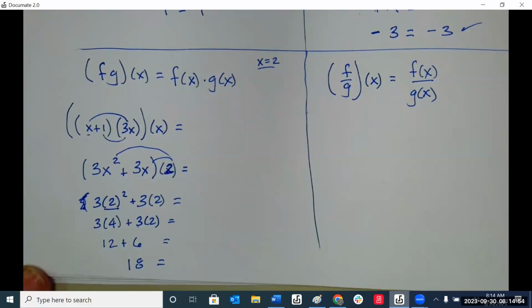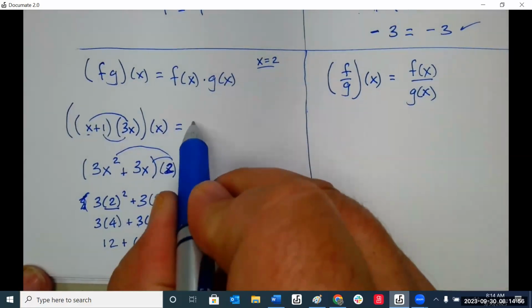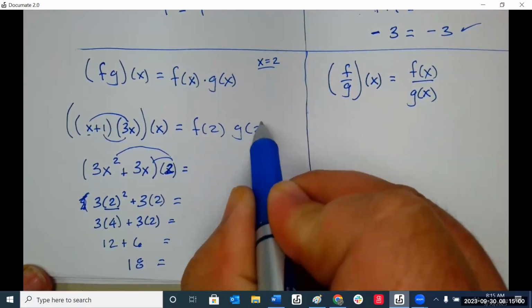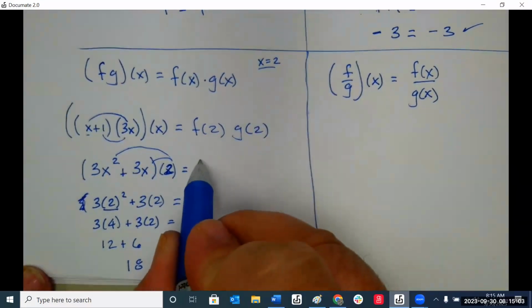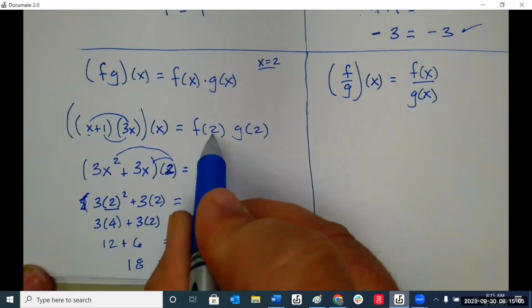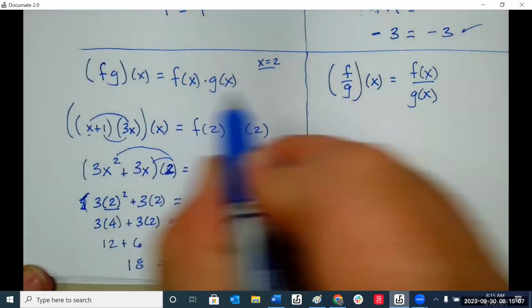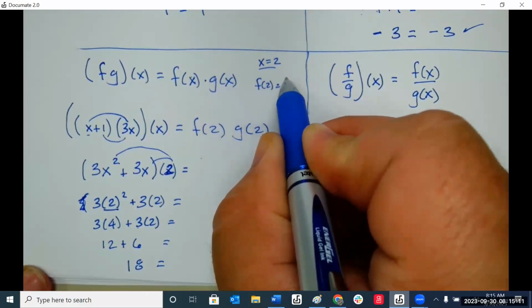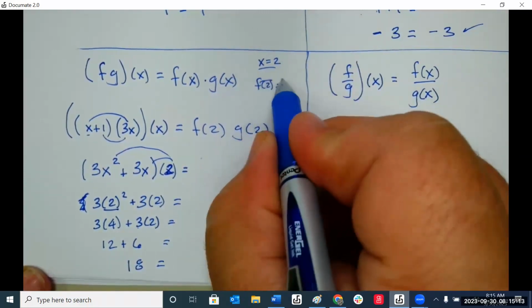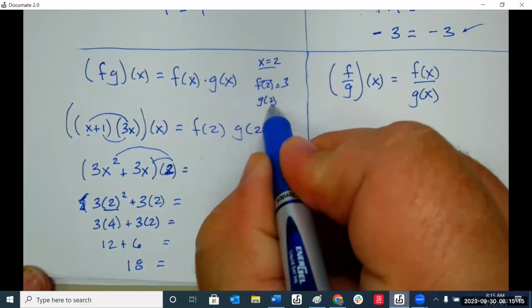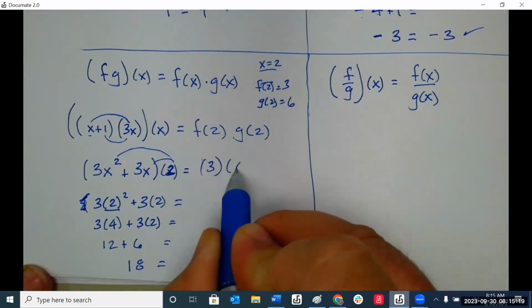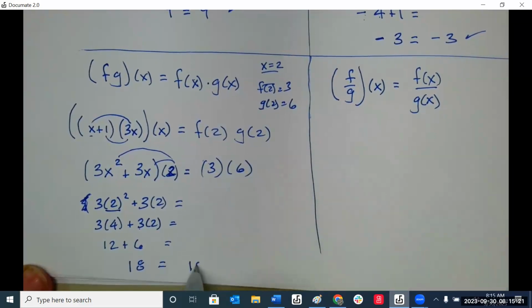Pretty straightforward. On the right-hand side, we have f of 2 times g of 2. F of 2, we know that's 3. And g of 2, we know that's 6. So we have 3 times 6, which is 18.